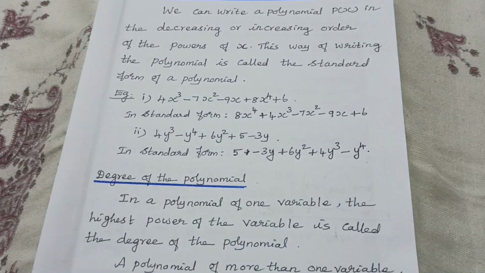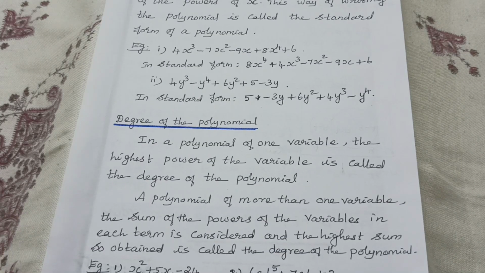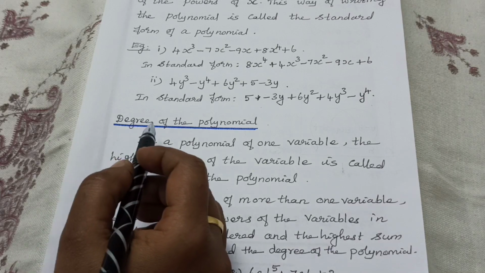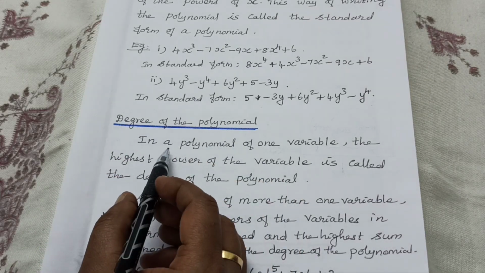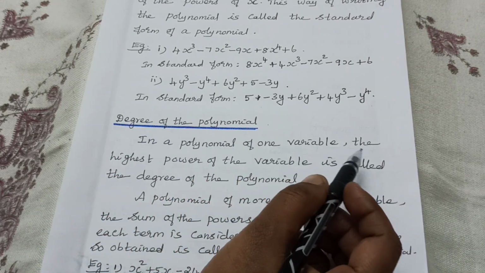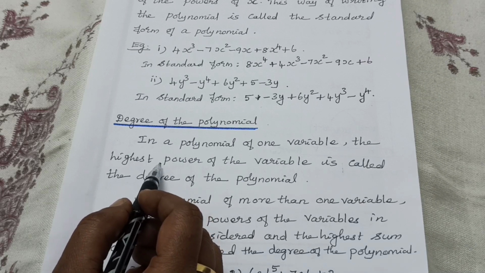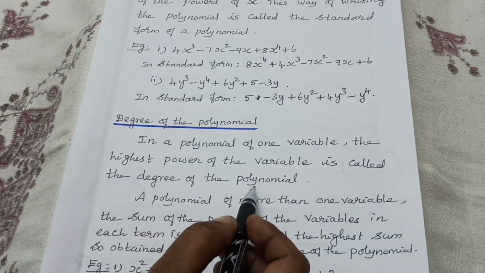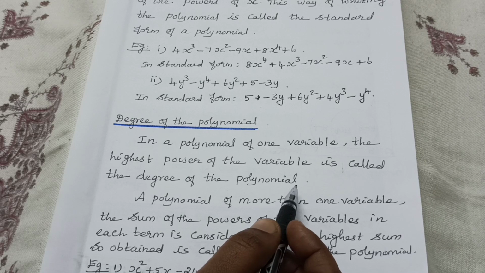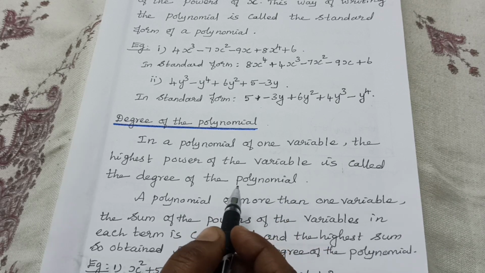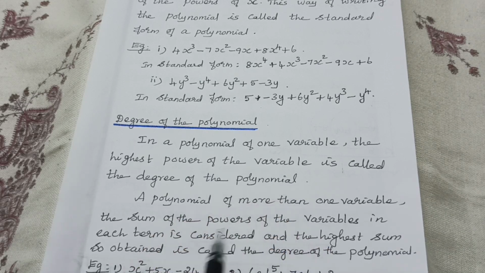Now let's see the degree of the polynomial. In a polynomial of one variable, the highest power of the variable is called the degree of the polynomial. Which is the highest power? That's the degree of the polynomial.